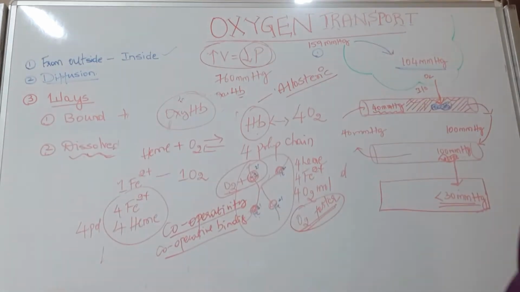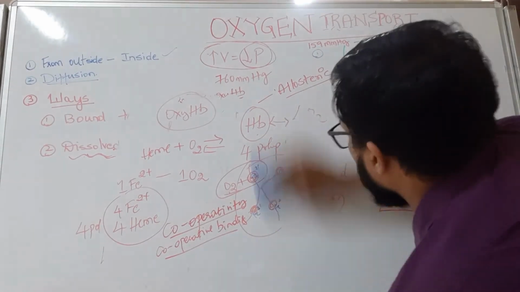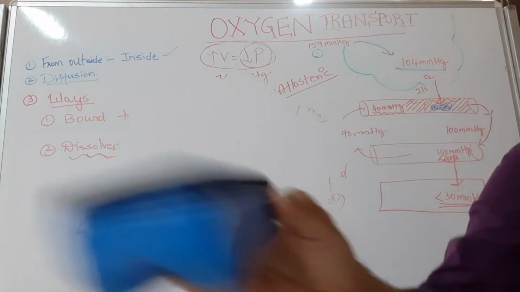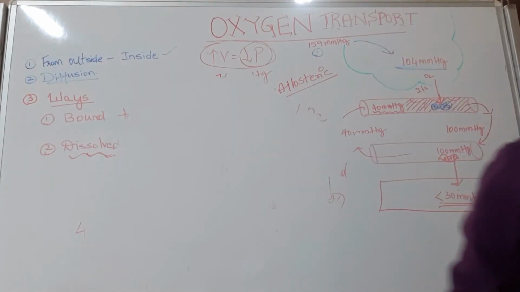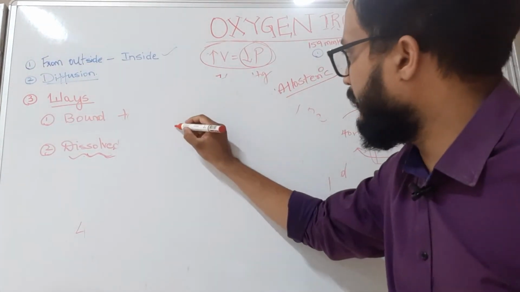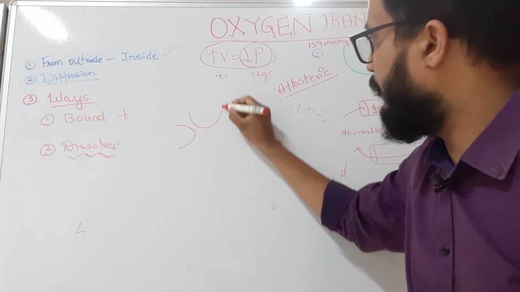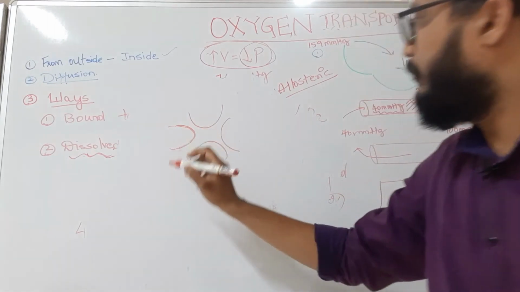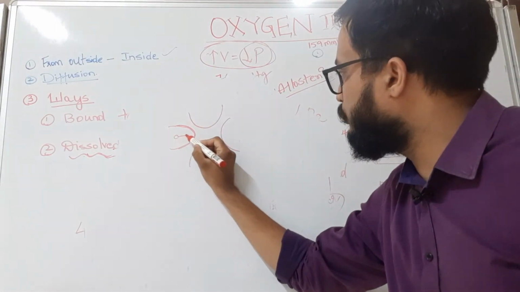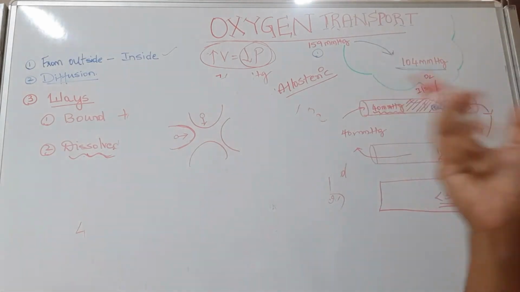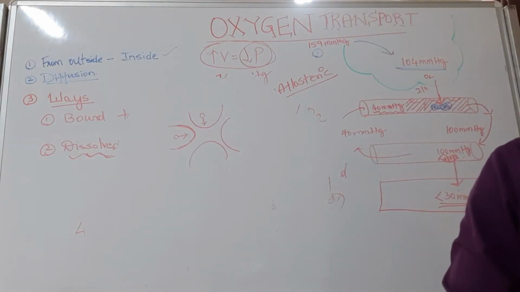So, how is it made here? If you look at the mechanism, whenever oxygen binds, the iron that is present in the center is pulled back, so there is a change in the structure of the hemoglobin.